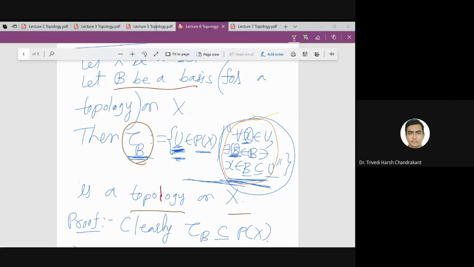Tau B we actually define in this way, not in the way I said earlier. We take in tau B only those sets U which satisfy this property. A set U belongs to tau B if for every element x belonging to U, I can find some element B in this basis such that x belongs to that element B, which is contained in the set U. This should be satisfied for every x in U. So this way I am defining tau B.